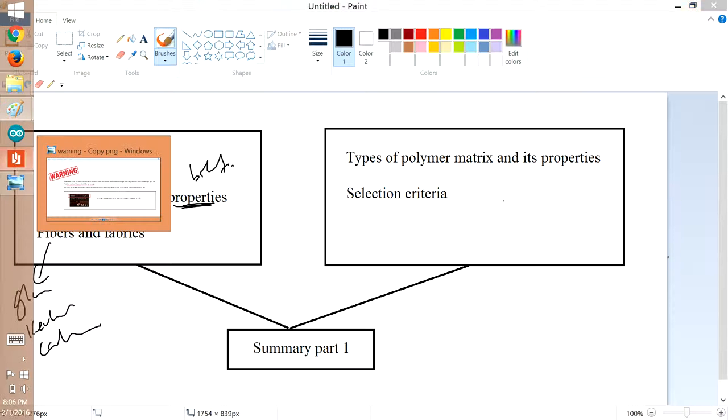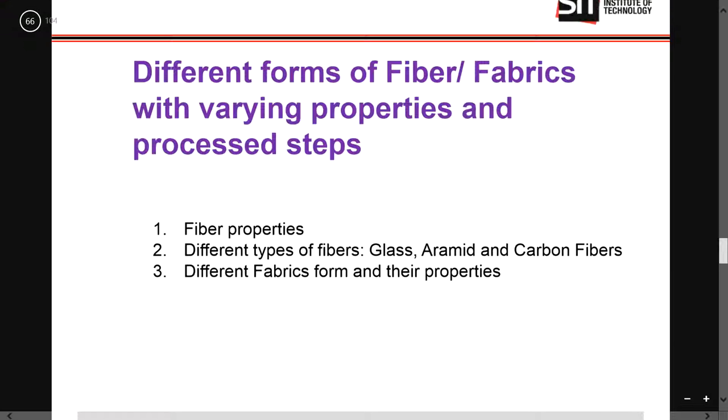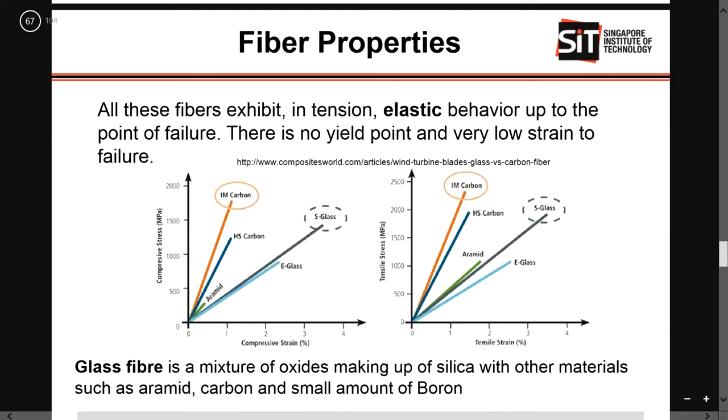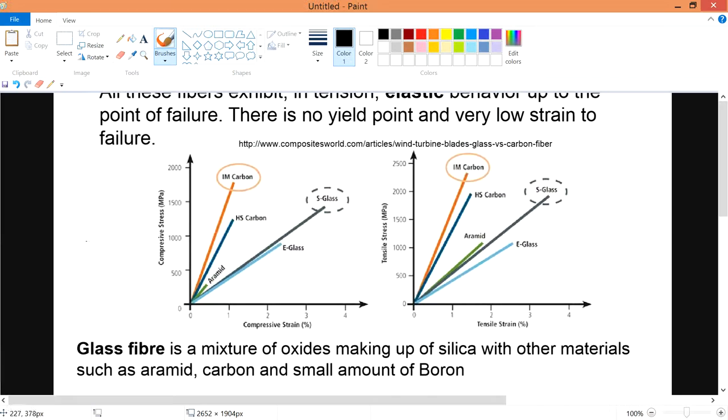Alright, so in order to start, let's carry on with page 66 of your notes. This graph tells you that there is a stress strain system. And why is it linear? If you still remember, for normal metal material, you have an elastic region over here.